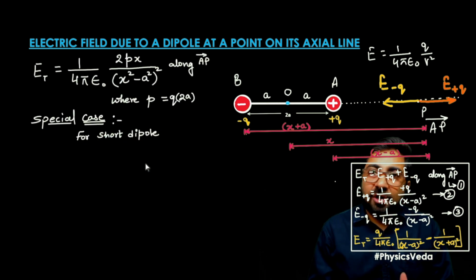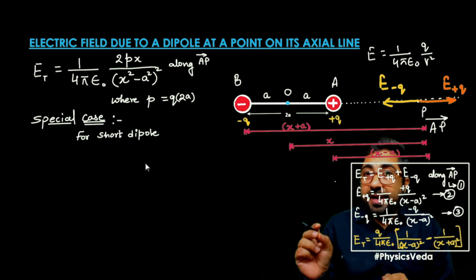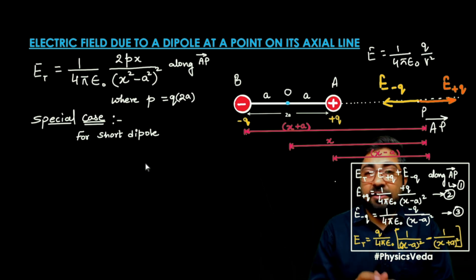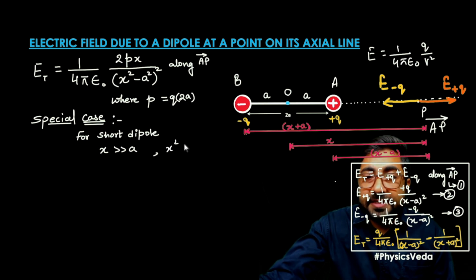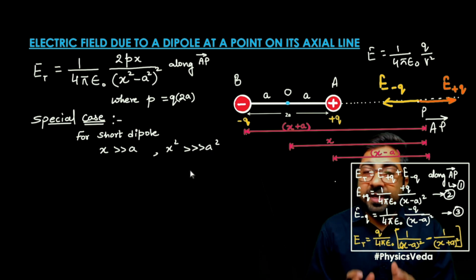Let's take the case of a short dipole. That is, if the point P is very far from the center of the dipole, the distance x is very much greater than a, then x square is very much greater than a square. So in comparison to x, a is negligible.